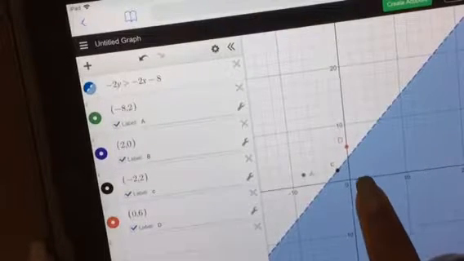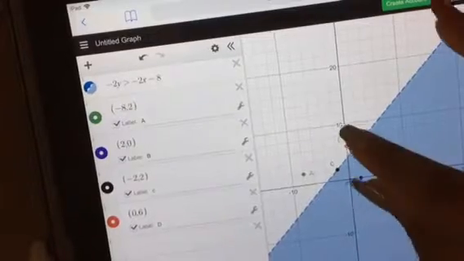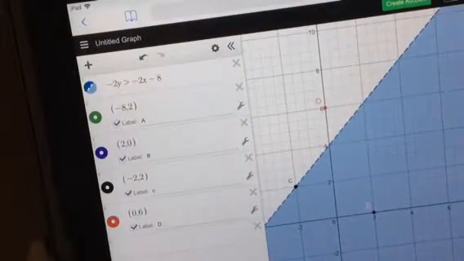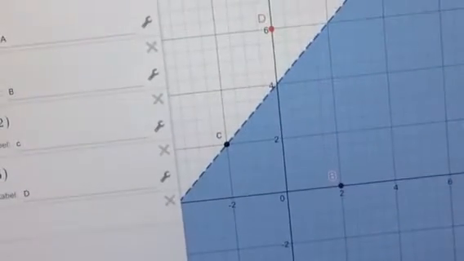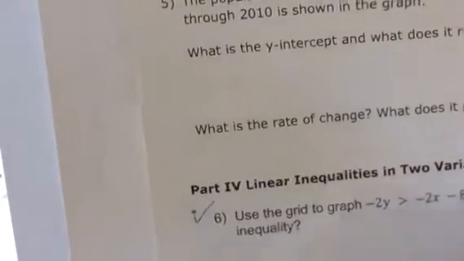The only point that's in the shaded area is this guy right here, which is letter what? Let's make this bigger so you can see it. Letter B. That's our answer. B. That was easy. All I did was graph it. So I'm going to circle B.